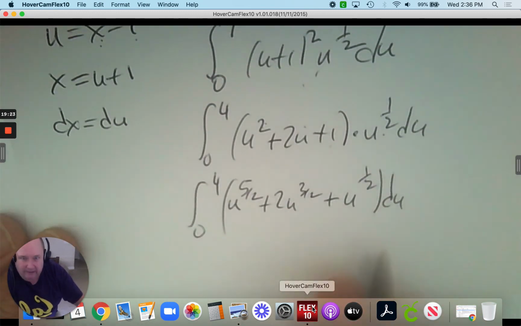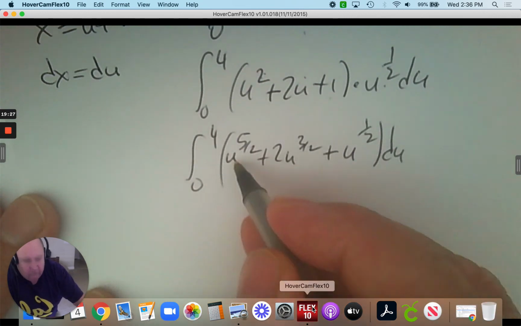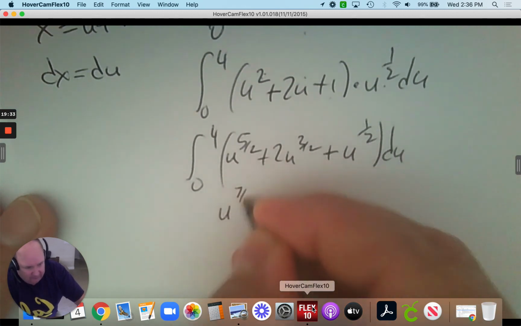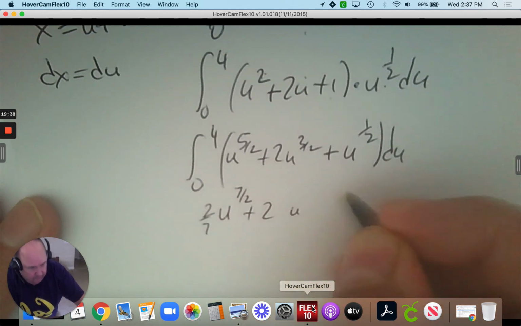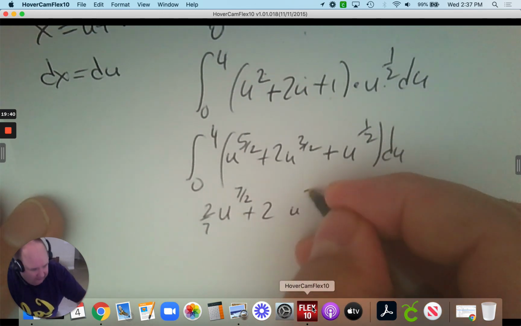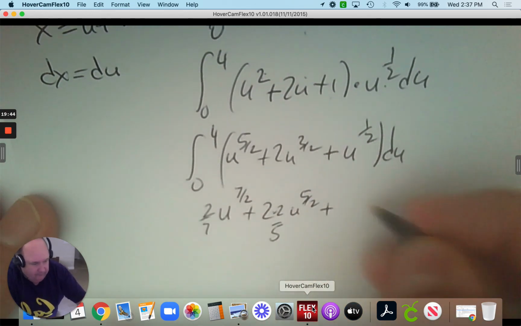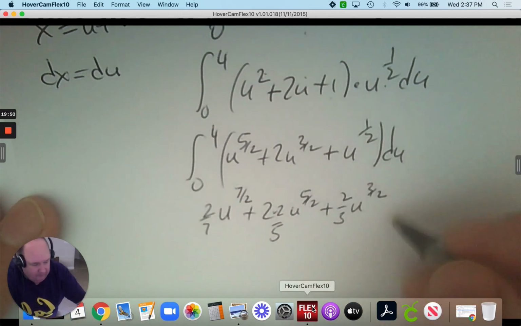So now we're ready to do the calculus. So the rule is to add 1 and then divide, or the reciprocal. So 5 plus 2 makes it 7 over 2, and then the reciprocal. 3 plus 2 is 5 over 2, or the reciprocal. And then 1 plus 2 is 3 over 2, and again the reciprocal, instead of dividing.